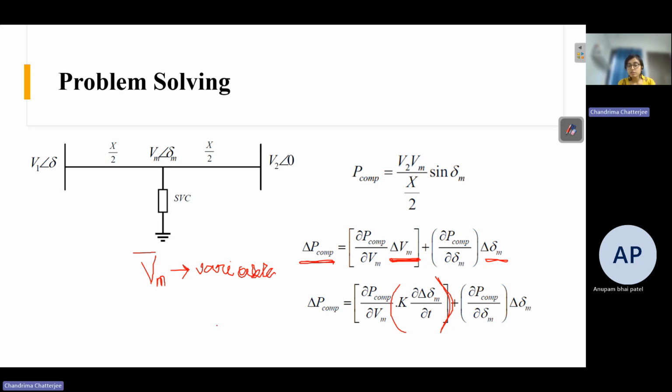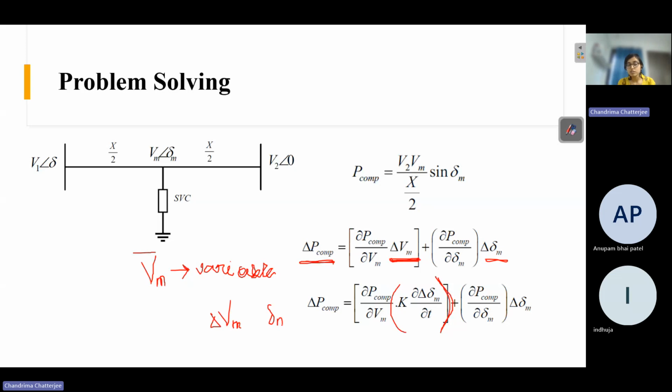Why? Because we will now vary this quantity accordingly. As delta M changes, del Vm will also change.